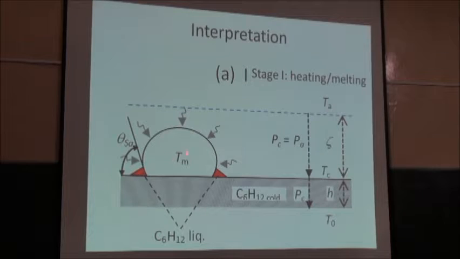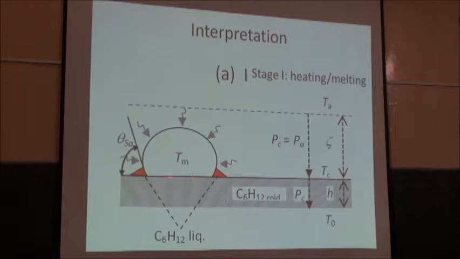Now, as I told you, the drops here, when they condense, are nearly at the melting temperature of cyclohexane. So, when it condenses here, in addition to this balance, there is condensation latent heat that is given to the drops. And so this means that the temperature of the drop increases towards Tm.